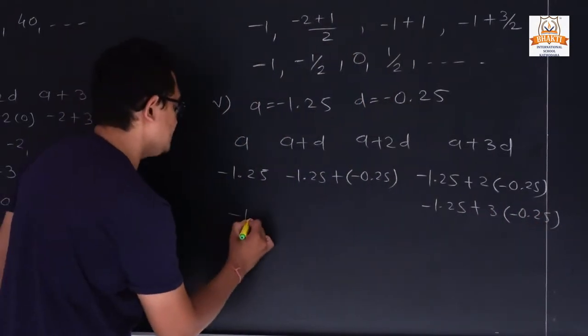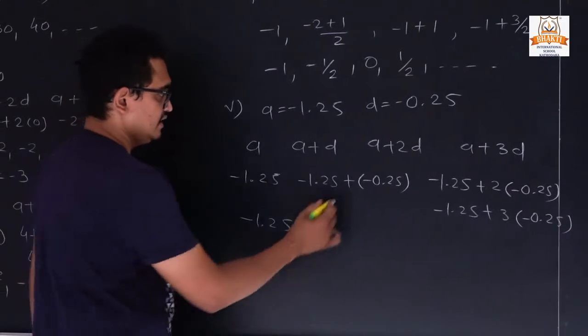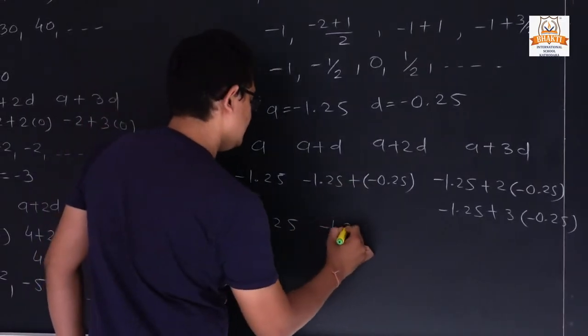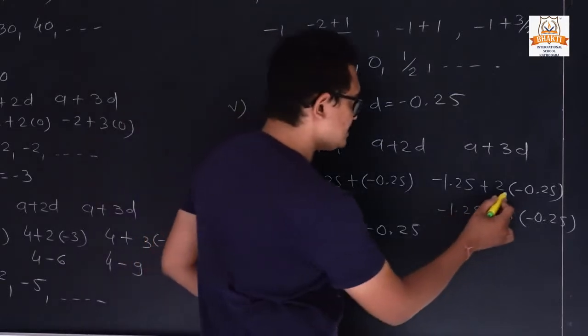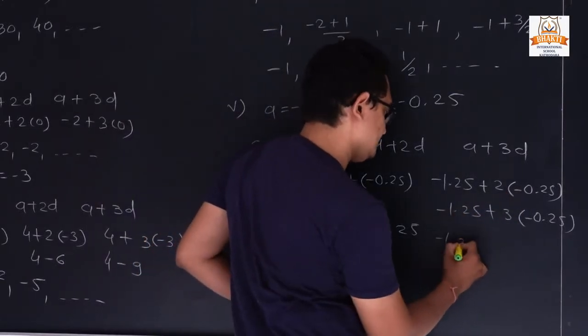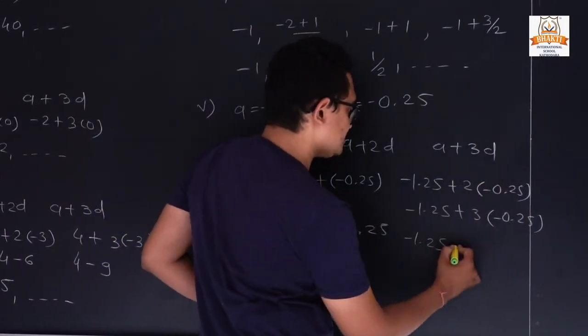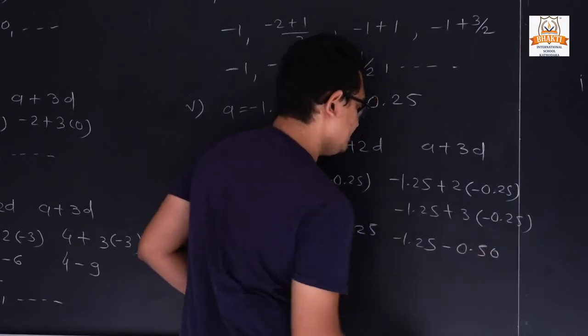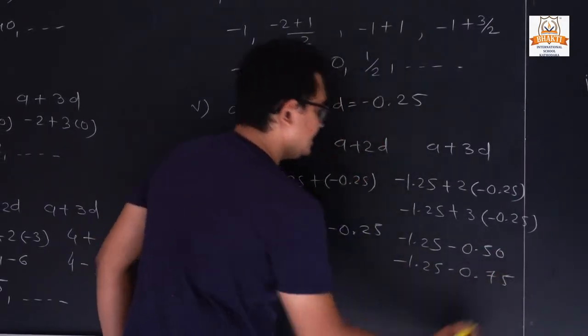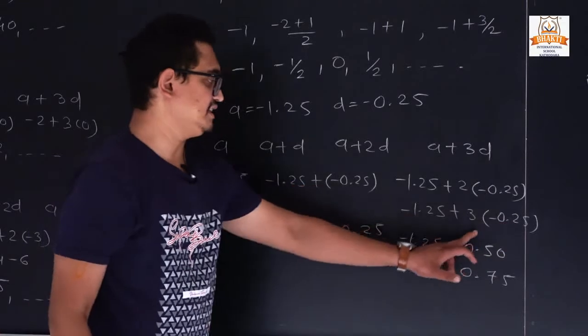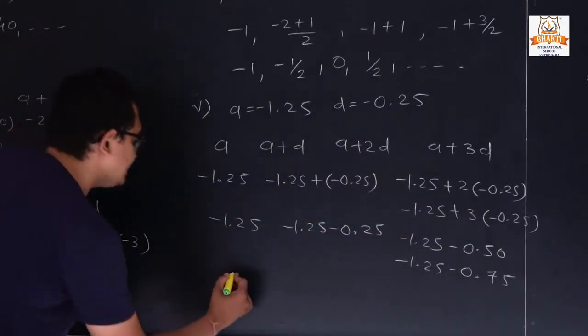So first term is minus 1.25, then plus minus 0.25, 2 times is 0.50, here 0.75, because 0.25 threes are 0.75. So what is our series?